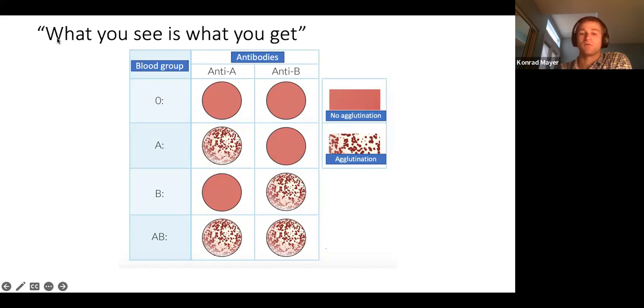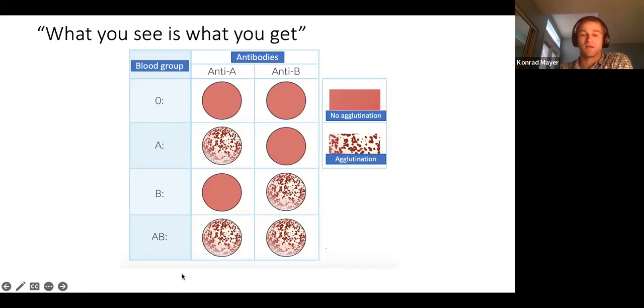The motto for these tests is: what you see is what you get. It's always from the perspective of agglutination. No agglutination means your blood group is empty, as in 0. Agglutination in anti-A, group A. Agglutination for anti-B, group B. And agglutination in A and B, blood group AB.